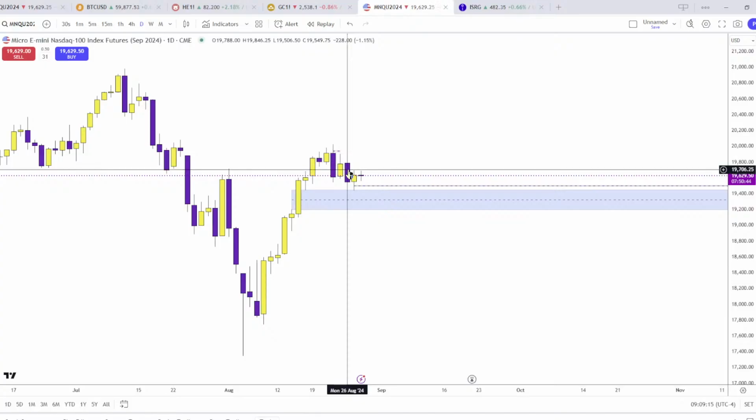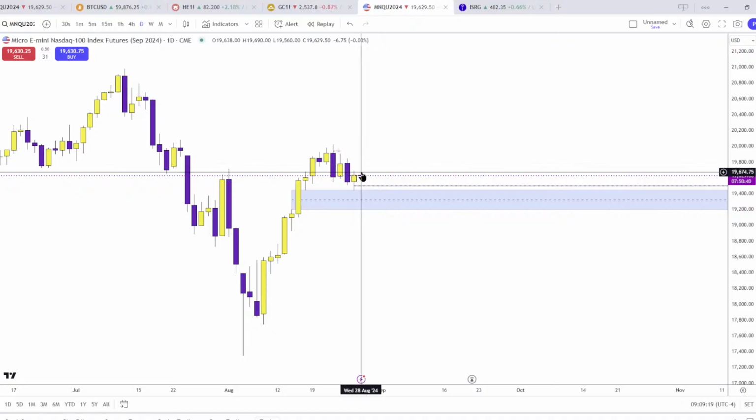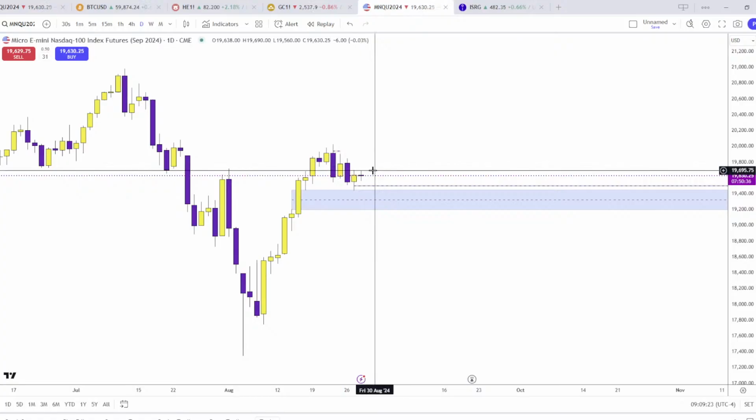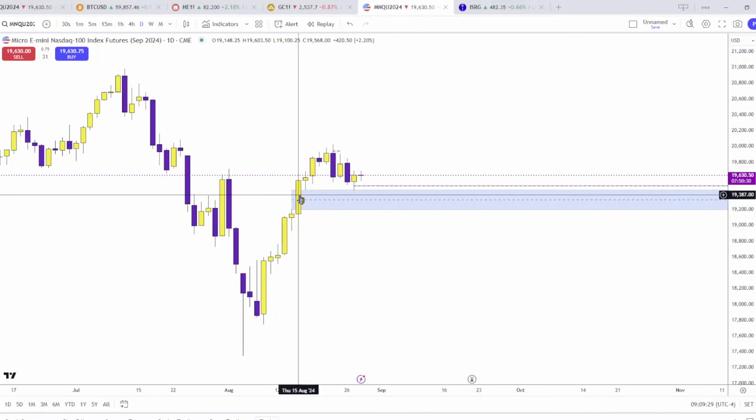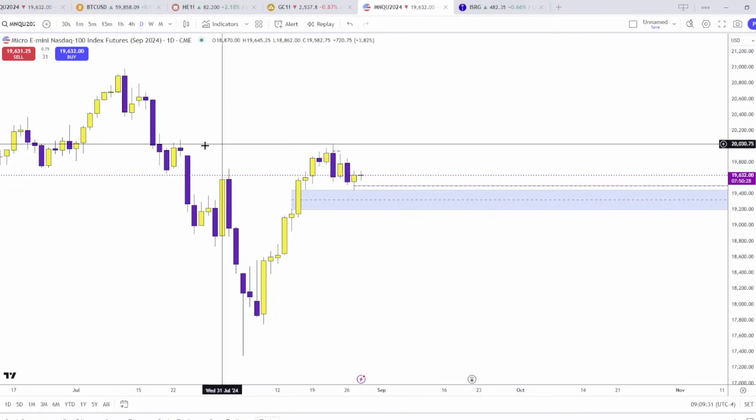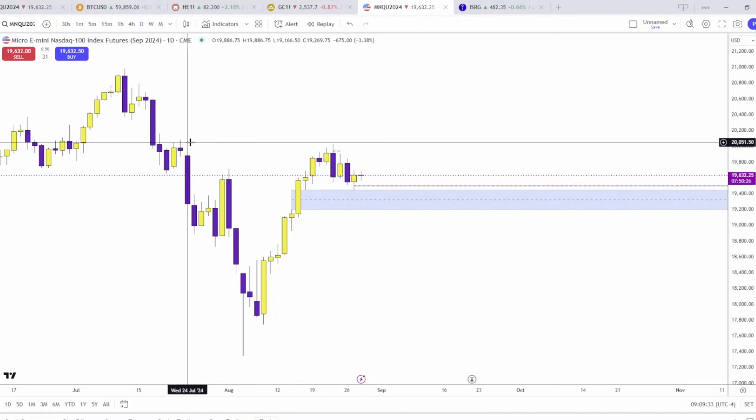So right now, we're looking at taking out last night's or yesterday's high. We got relative equal highs from yesterday already. And we have relative equal lows below us. And again, equal highs above us.